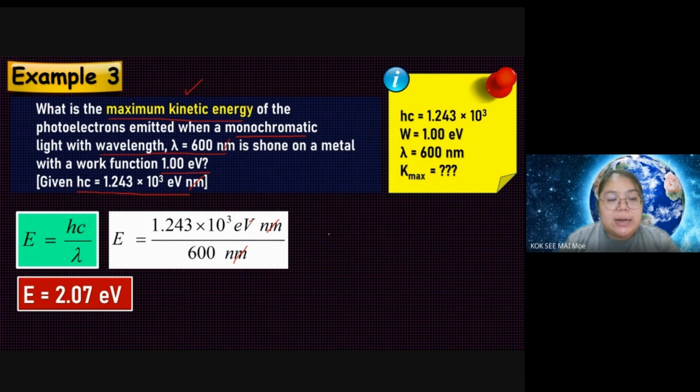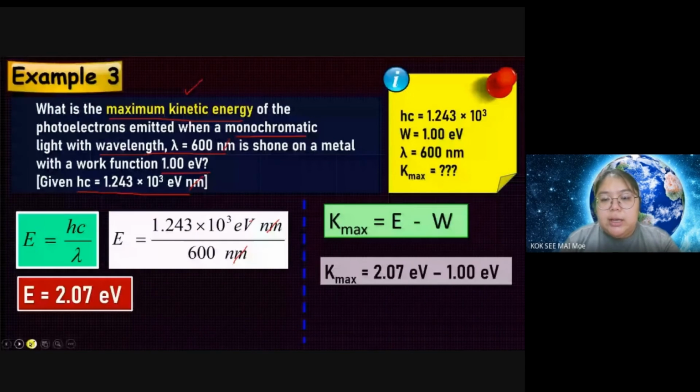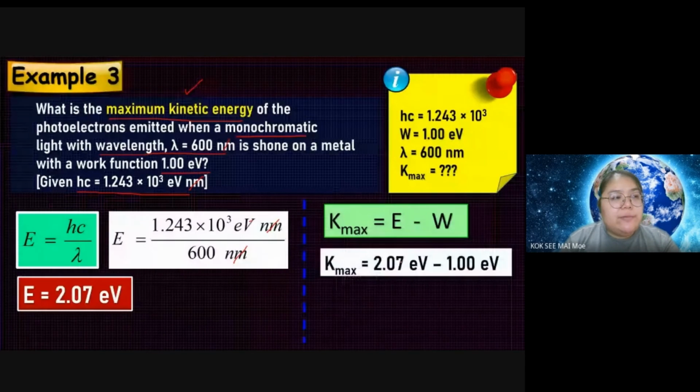But now the question, they want to find kinetic energy. So from here, we need another formula for the kinetic energy, the one formula from 7.3: Kmax equals E minus W. E we get already from just now, but I don't know Kmax. So I just apply 2.07 eV minus 1 eV.